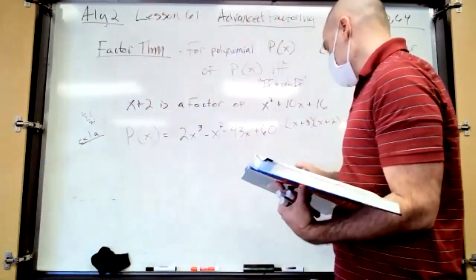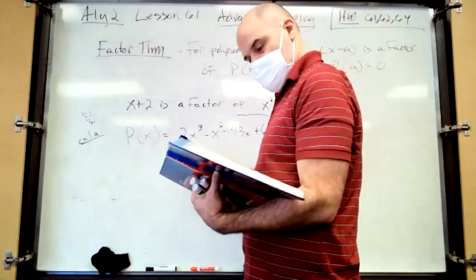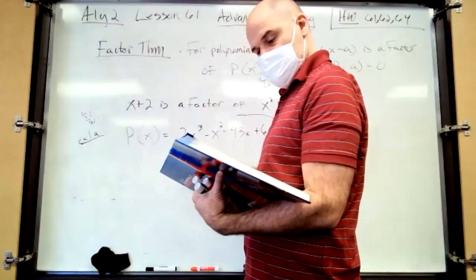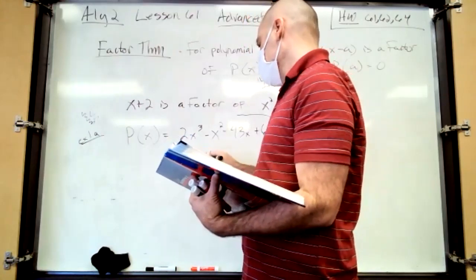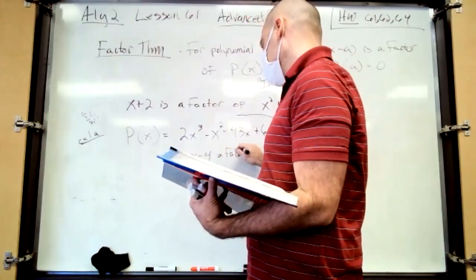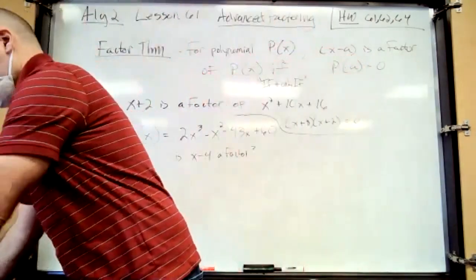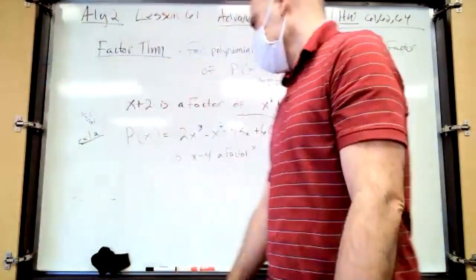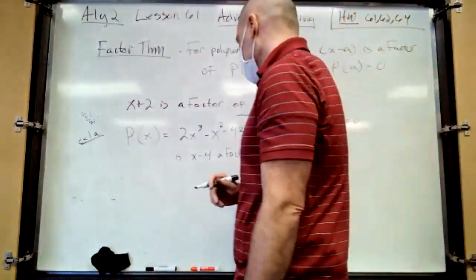Okay, so I want to know if x minus 4 is a factor. Okay, all you have to do is plug it in. So you can plug in 4 there.